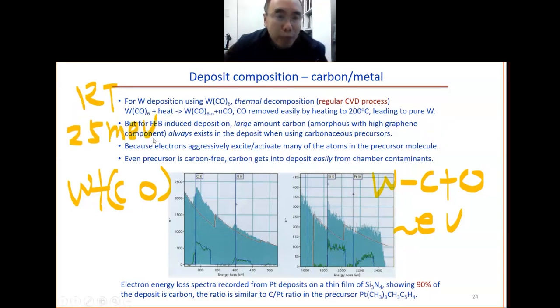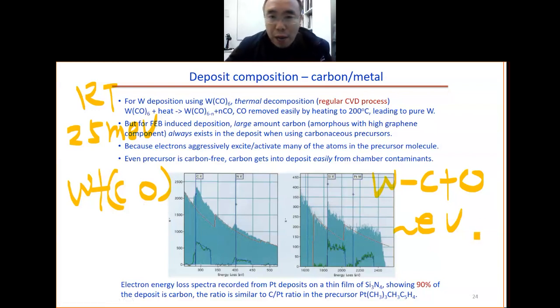It's only 25 milli electron volt. So 200 degrees maybe 50 milli electron volt. With that 200 degrees, the thermal energy of 50 milli electron volts is so much smaller than this electron energy. As a result, the electron energy is very powerful. It can cut any chemical bond. But the thermal energy can only cut this weak bond.